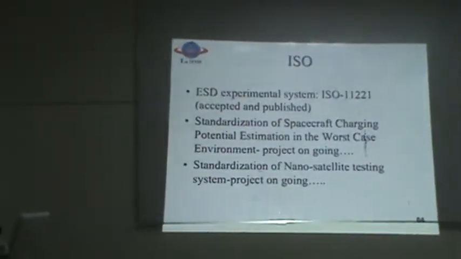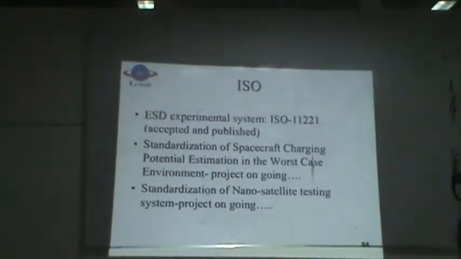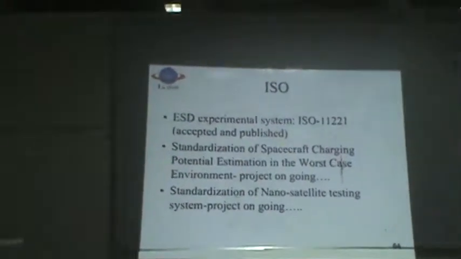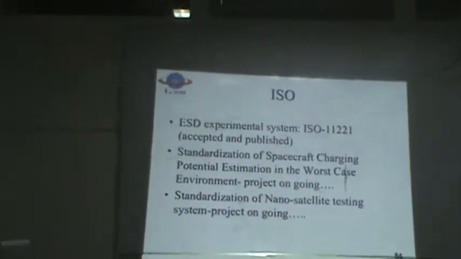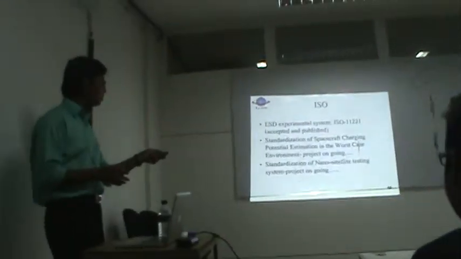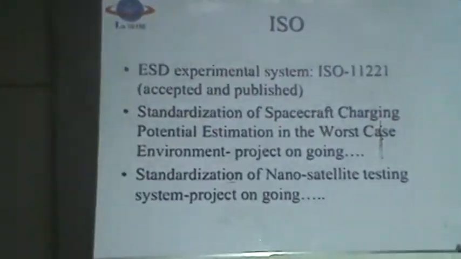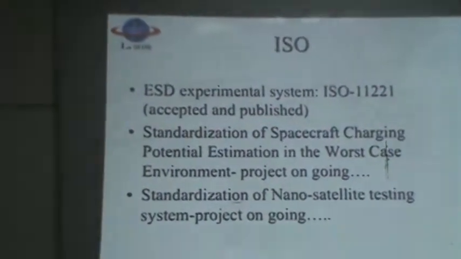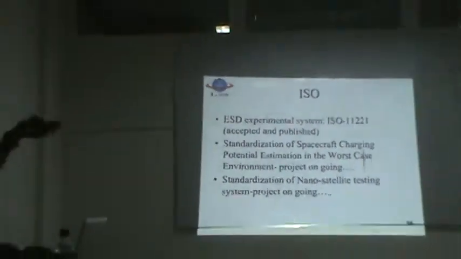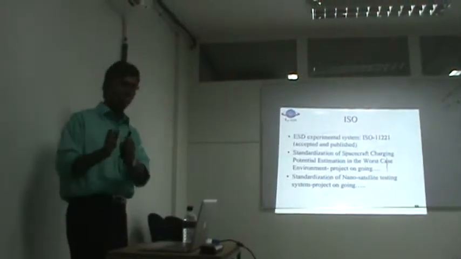And we also work on ISO. There are many ISO systems. ISO means there will be one standard system that everybody should follow. So ISO 11221 is actually the ESD experimental system. What do we need for an ESD test? What the chamber size, what the coupon size, what will be the voltage, what will be the current, everything is defined.